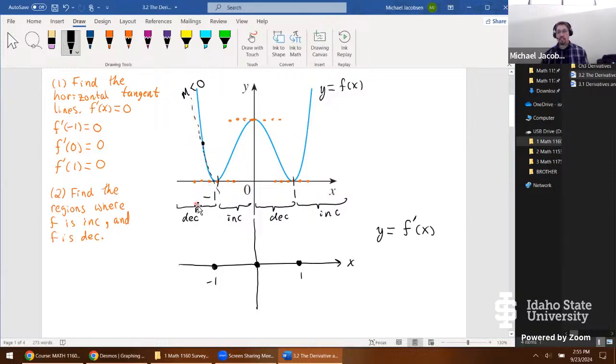If your function's decreasing, the slope of your tangent line has to be negative. And so that tells us f prime of x is less than 0 when x is less than -1. So in that entire region where we said decreasing, the punchline is the derivative is negative, so it's below the x-axis. It comes in like that. Let's pause right there, though. Any questions about that so far?